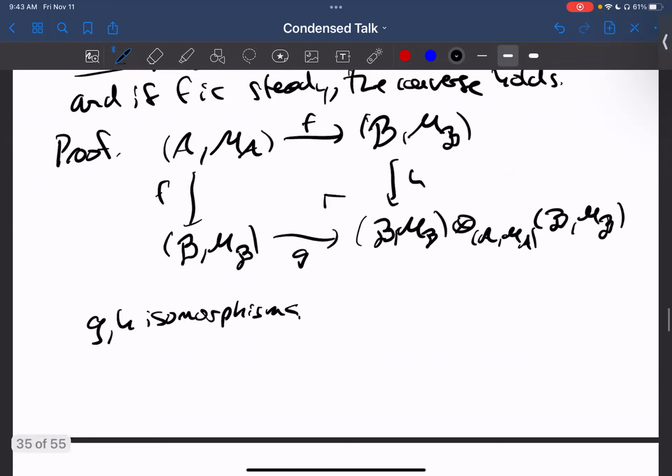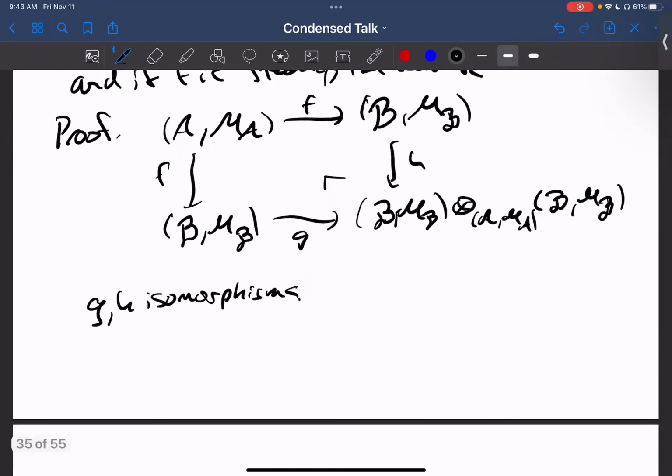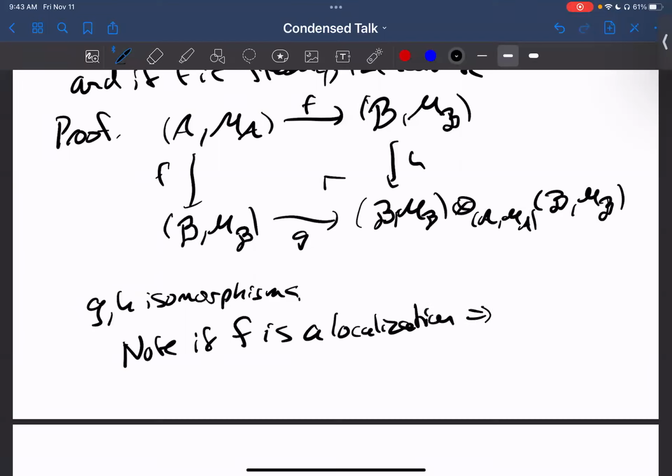Now, in order to see this, what we do is note that if f is a localization, it implies it's a localization in the categorical sense, so f star is fully faithful.